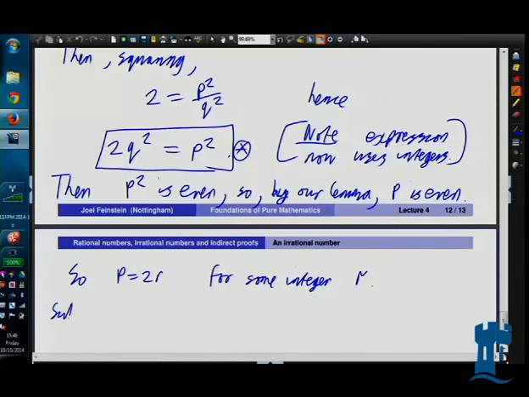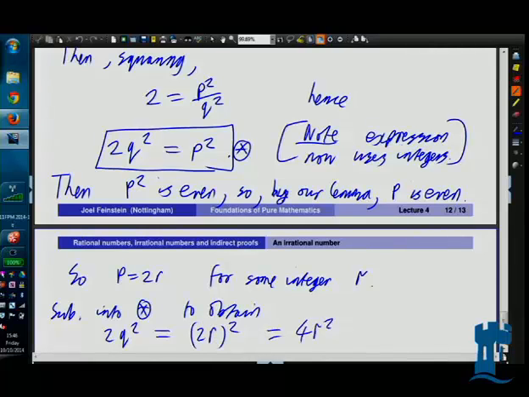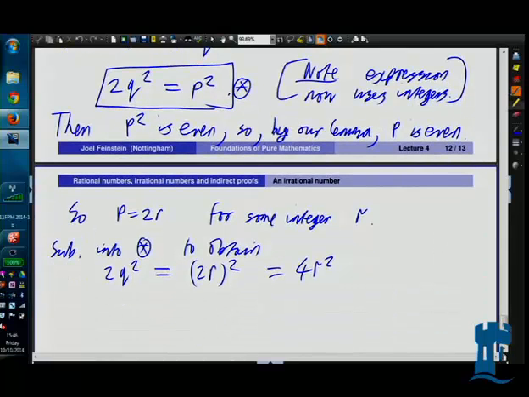So substitute into star to obtain 2q squared equals (2r) all squared, which equals 4r squared. Is there a problem or something that you can't read? Is there a question anywhere? Okay. Divide through by 2, you get q squared equals 2r squared.